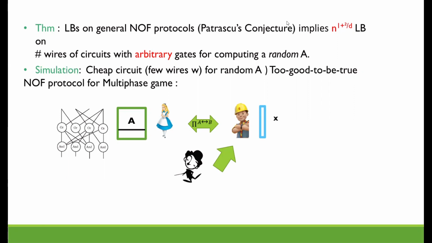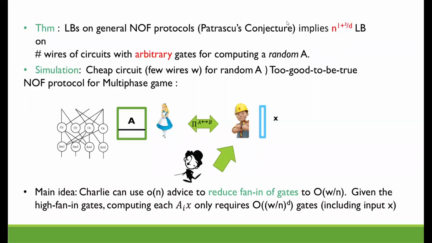Alice therefore can construct a proposed circuit computing linear operator A. Now Charlie, as his advice, sends the contents of all high fan-in gates to Bob. Now with the high fan-in gate contents known to Bob, Alice only needs to query a few bits from Bob to compute Ai times x.